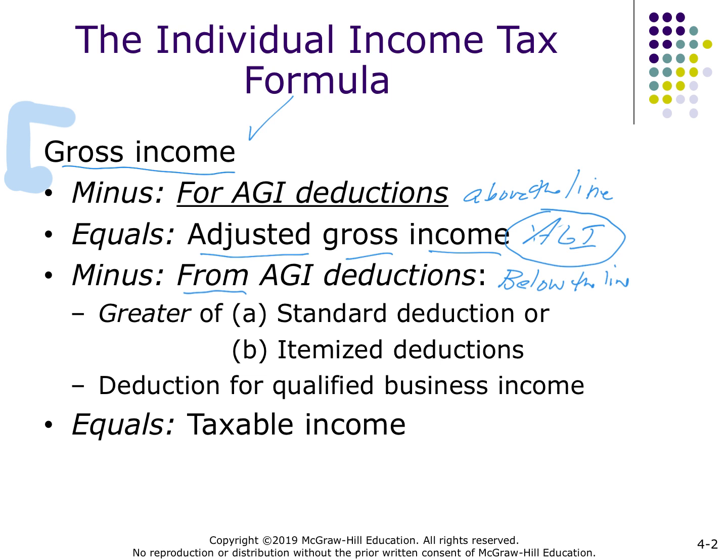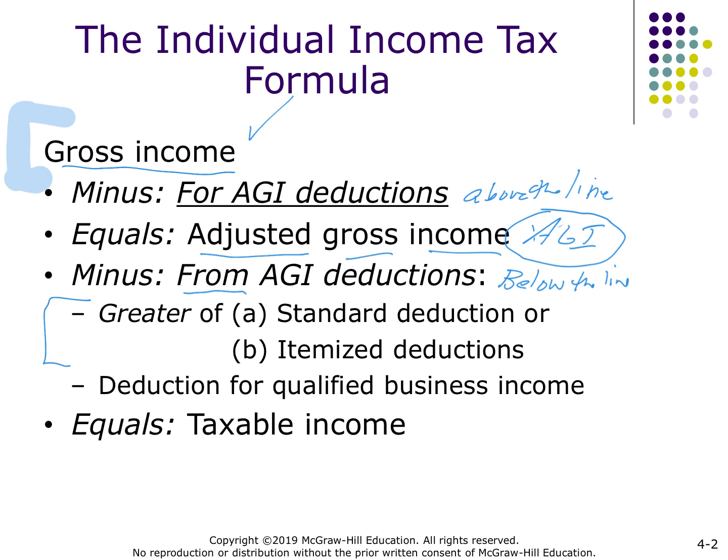But you'll hear them called both things, okay? This is where you'll hear people talk about the standard deduction versus itemizing, okay? So from AGI deductions include either the greater of the standard deduction or itemized deductions, plus this deduction for qualified business income.